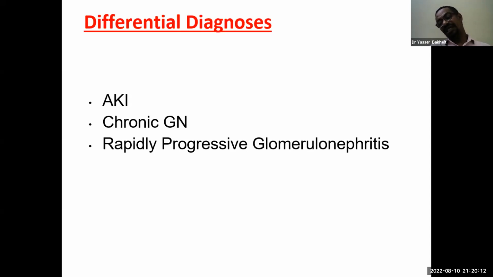Usually chronic kidney disease comes with short stature, anemia, bone disease, and cardiovascular problems. Usually it presents with complications.